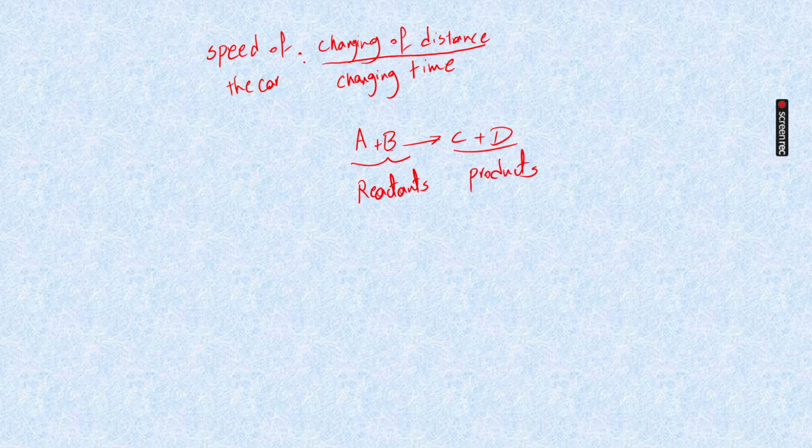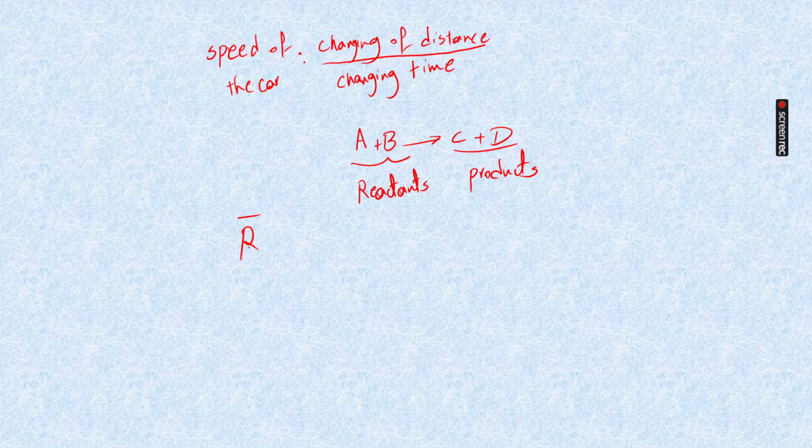So, when you are calculating the rate of the reaction for the reactant and product, you have to write the average rate. The average rate means the average of the rate in the moment.